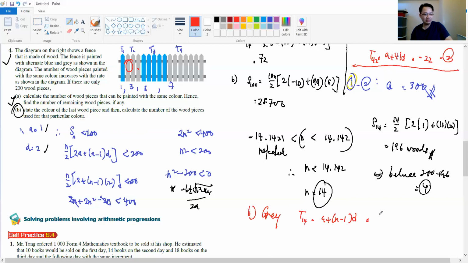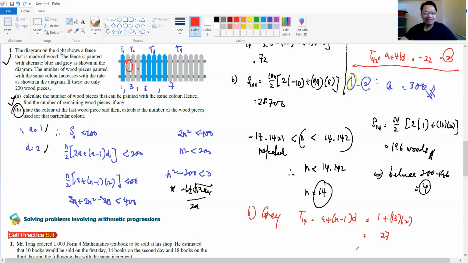A is 1. N minus 1 is 13. The difference is 2. So 13 times 2 plus 1. So 27 woods are used to be painted by the gray color. Okay, so that is the answer for B.